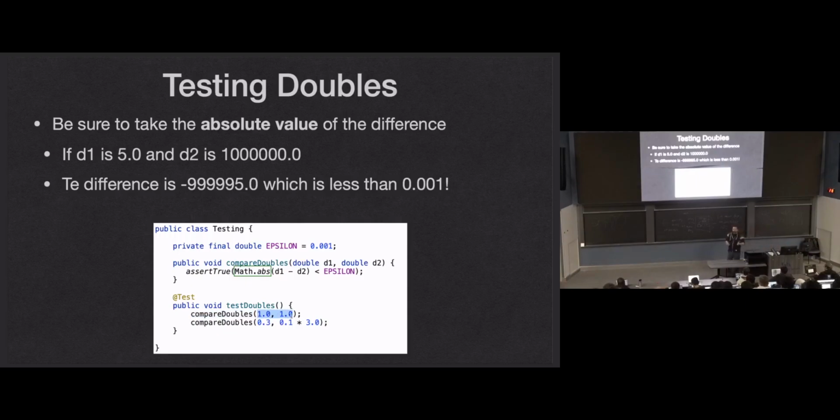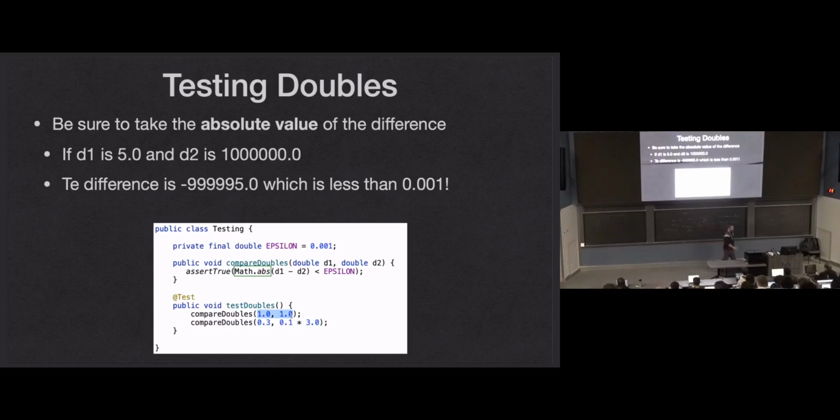So for average, the one that we're going to test with doubles, you're going to create an array list, put some doubles in it, do the math either in your head or a calculator or whatever, figure out what you expect that to return. Call your average method, grab the return value, and then take your expected value, and those are your two arguments to compare doubles.